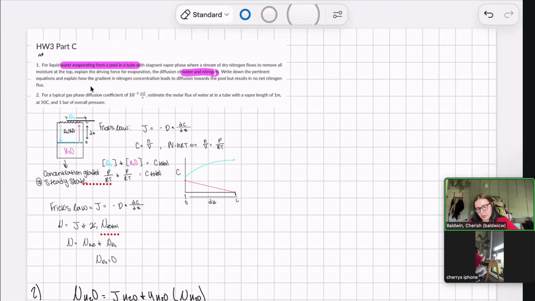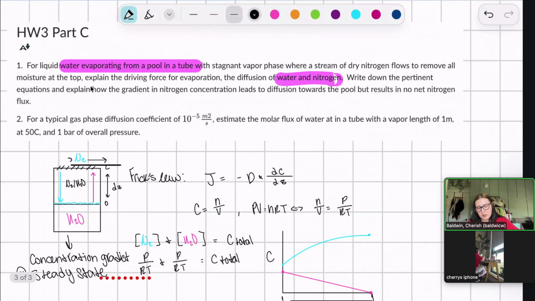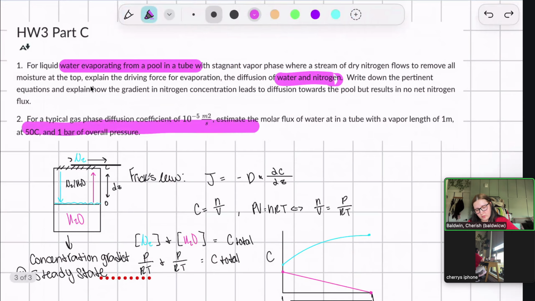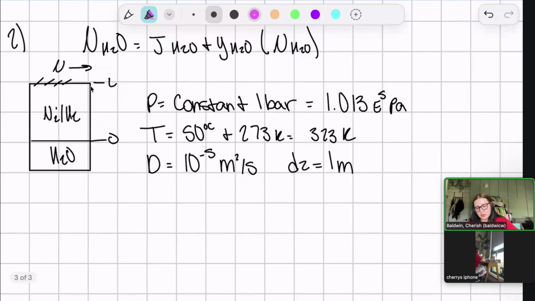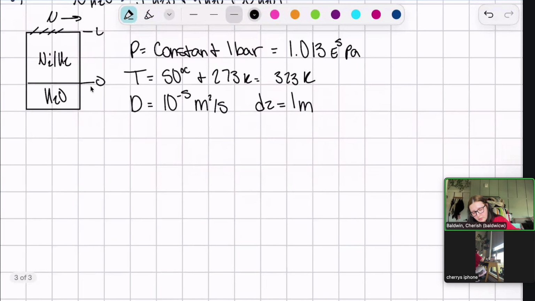This is homework 3, part C, part 2. Now we're going to calculate the molar flux with these constraints. It's the same problem as before. So let's rewrite Fick's law.